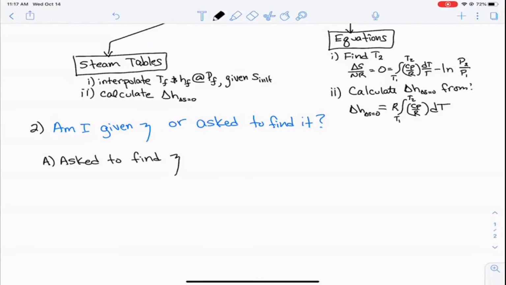So we have the final temperature and the efficiency. You can't be missing both of those when you're solving these problems. So if you're asked to find the efficiency, you'll notice that you're actually given the real final temperature.